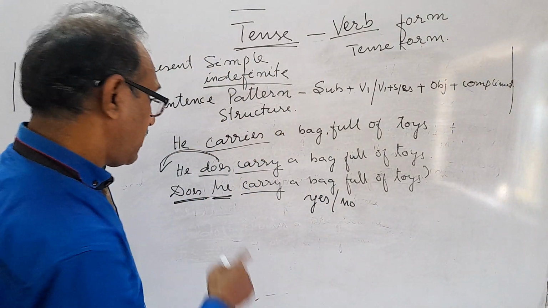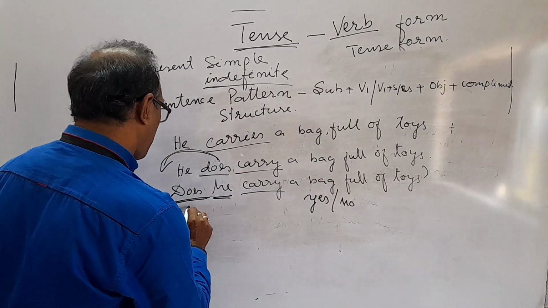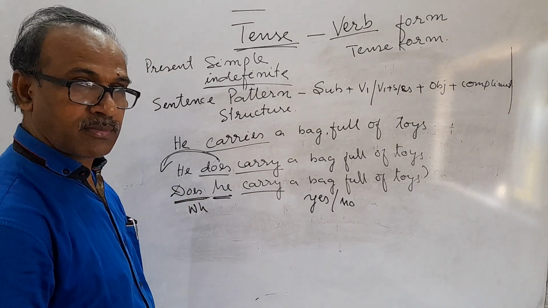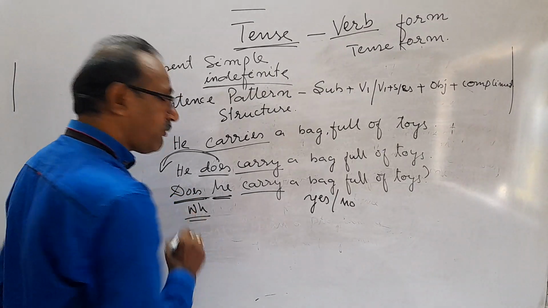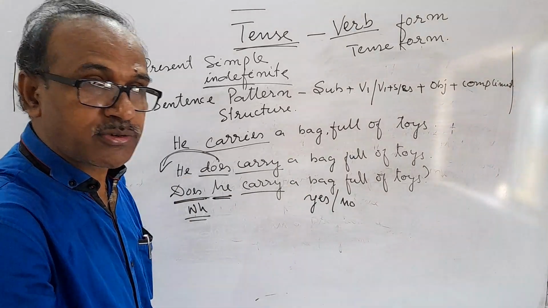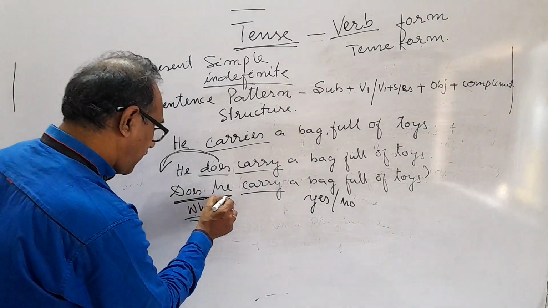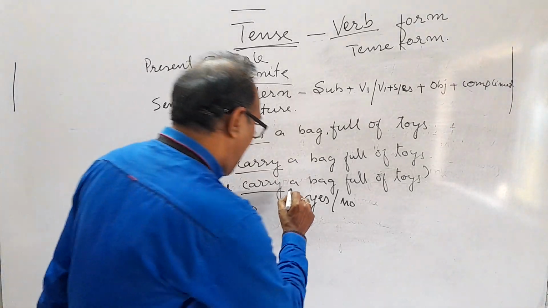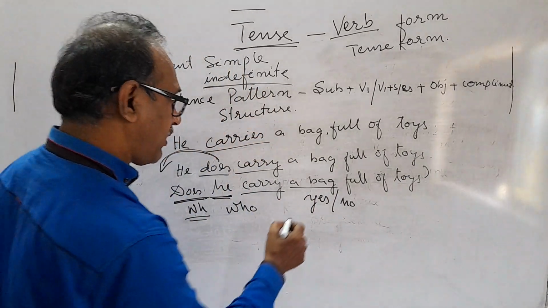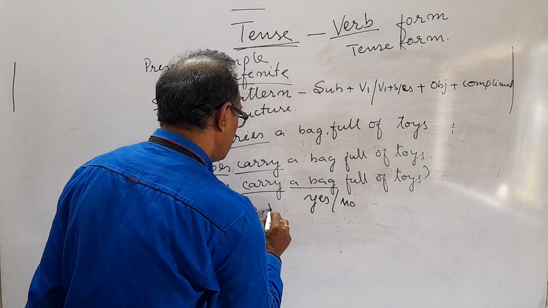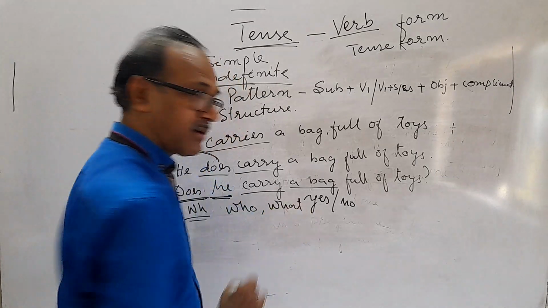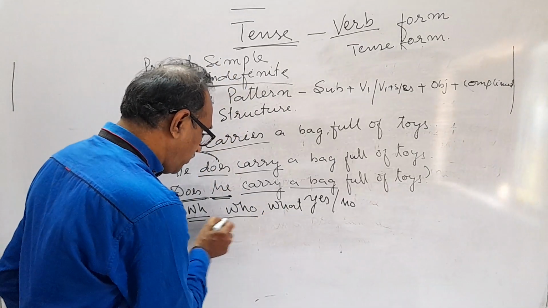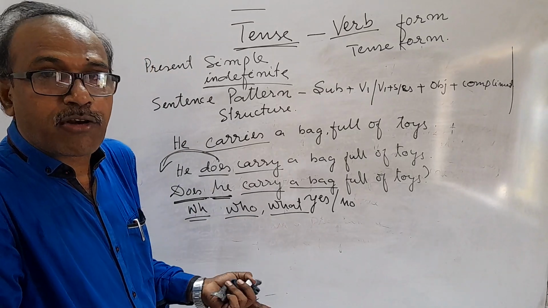Okay, but with the use of a WH word, how will we make an interrogative sentence? So for "he," we will use "who." For a bag, or for the object, we will use "what." Okay, so with "who" or "what" we can make an interrogative sentence.